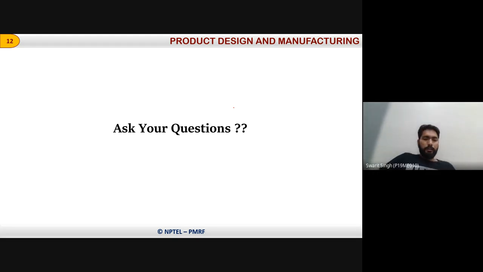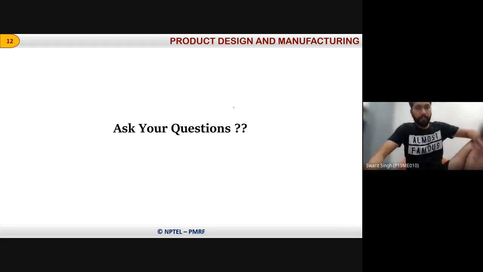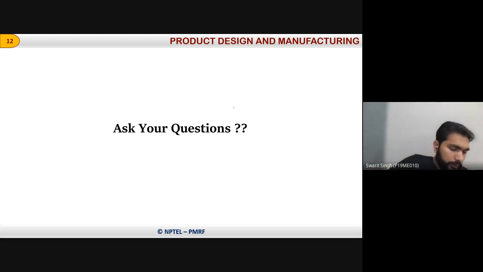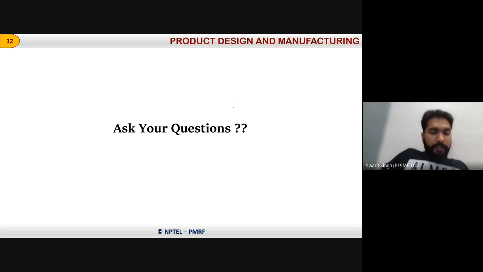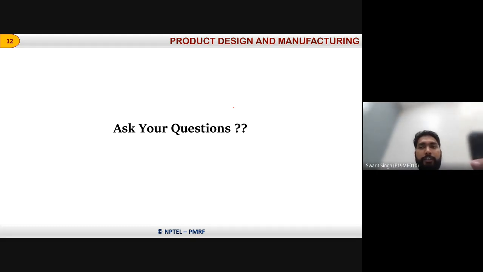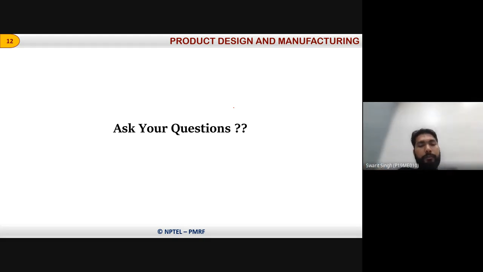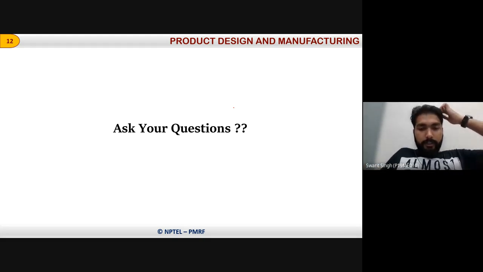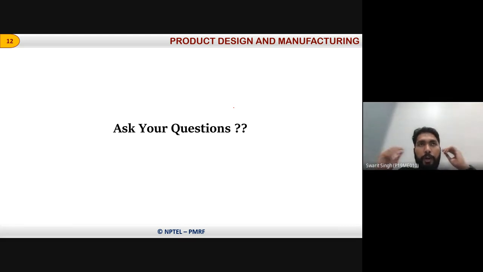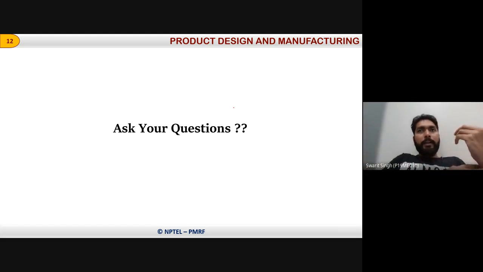The quality assessment of the product is done at the manufacturing level. There is a kind of quality control that takes place. At the designing stage, we design our product in such a way that if it is going to assemble with some other products, like the bottle cap example in today's class.